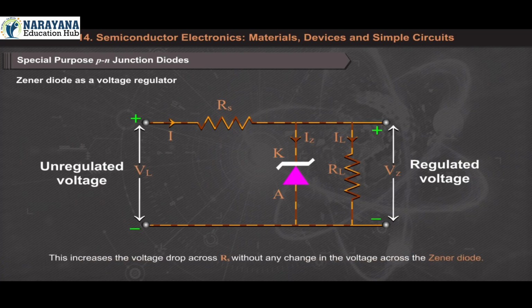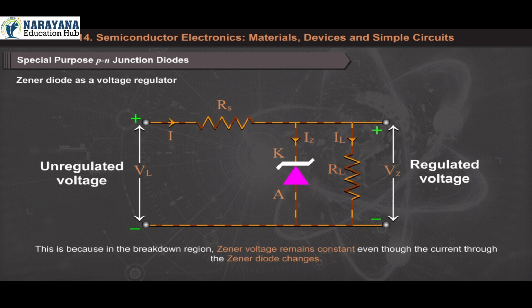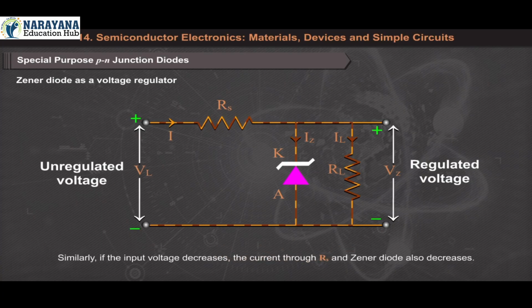This increases the voltage drop across Rs without any change in the voltage across the Zener diode. This is because in the breakdown region, Zener voltage remains constant even though the current through the Zener diode changes. Similarly, if the input voltage decreases, the current through Rs and Zener diode also decreases.